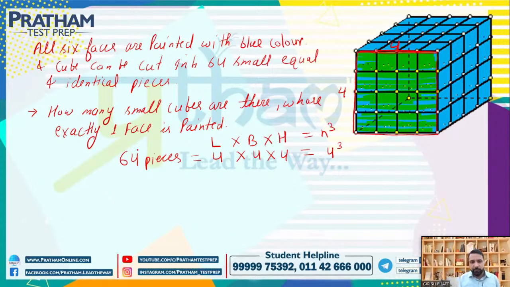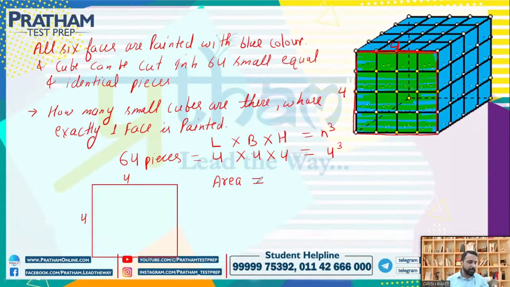Okay. So what we have here, simply just look at the figure. We have one square like this. This is one face, and this side is 4. This side is also 4, right? Tell me, what is the area of any square? What is the formula of area of a square? Yes, anyone?